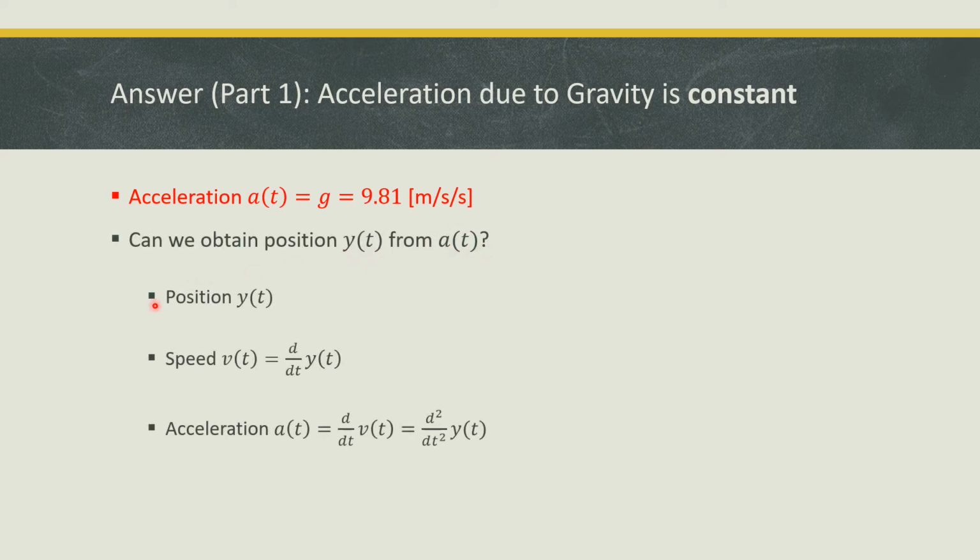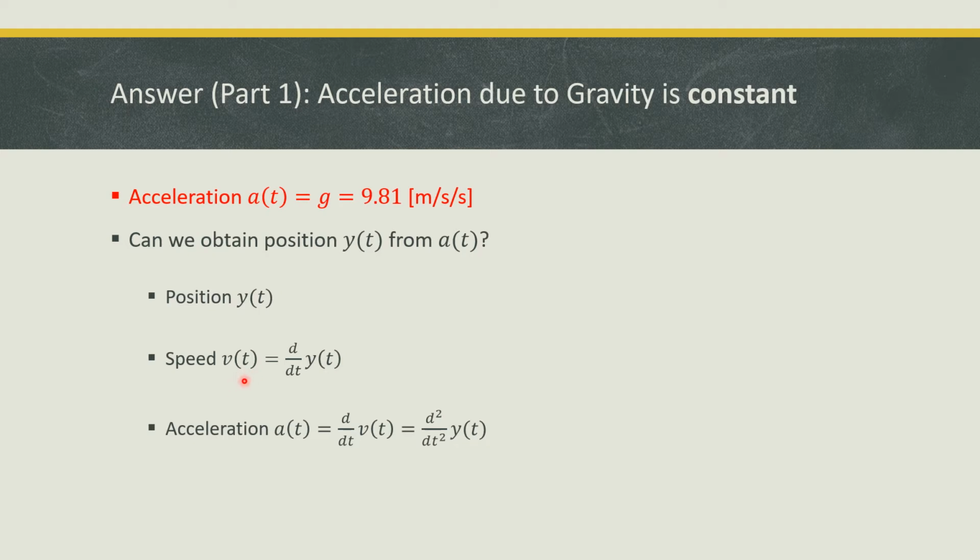If we recall, we call y of t the position. If we are concerned about how fast the position is changing, then we are interested in the speed, often referred to as v of t, which is just the derivative of our position function. Furthermore, we can define the acceleration, a of t, as the rate of change of our speed.